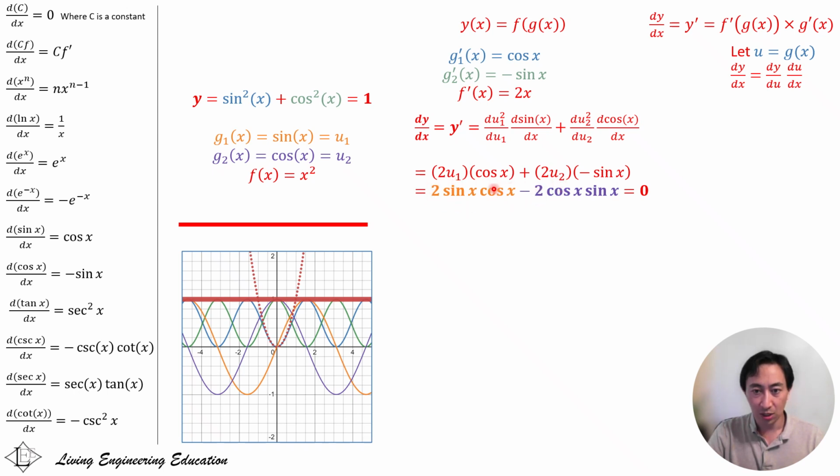This essentially is the derivative of sine squared x. Then substitution here, u2, 2 times cosine x, right, that's right there, times negative sine x, or minus 2 cosine x sine x. This right here is the derivative of cosine squared x. So adding these two terms together gives me 0 as I expect.